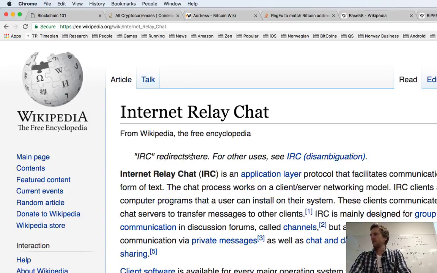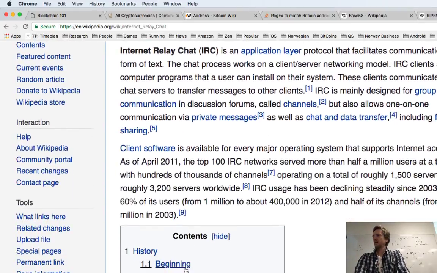It was one of the very first application layer protocols which was facilitating text communication for humans. So all the Twitter, Facebook, social network types of applications get their inspiration from IRC. And IRC is still operating, and there is a large number of IRC networks that you can plug yourself into, and then you have a number of users using it.